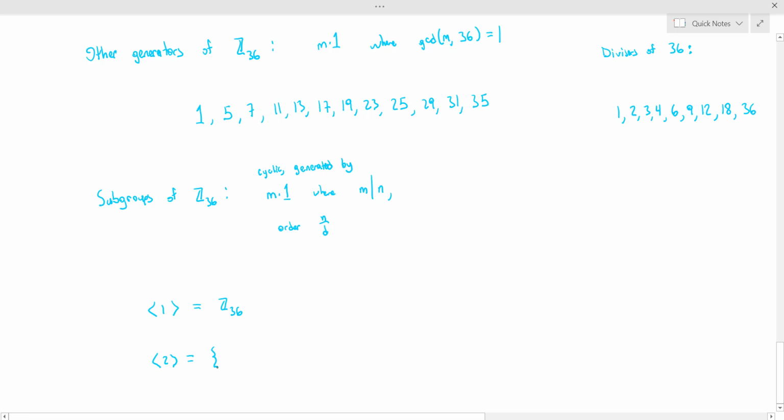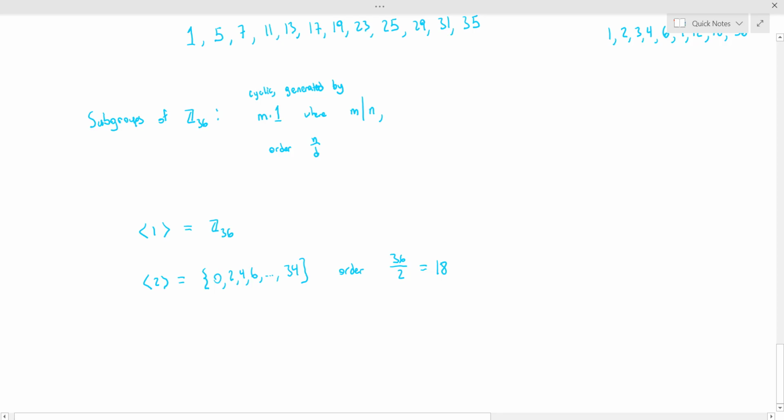So the cyclic subgroup generated by 2 would just be all multiples of 2, and then 36 is 0. Okay. So it generates this cyclic subgroup. And notice the order is 36 over 2, or 18. Of course, here the order was 36 over 1, which was 36.